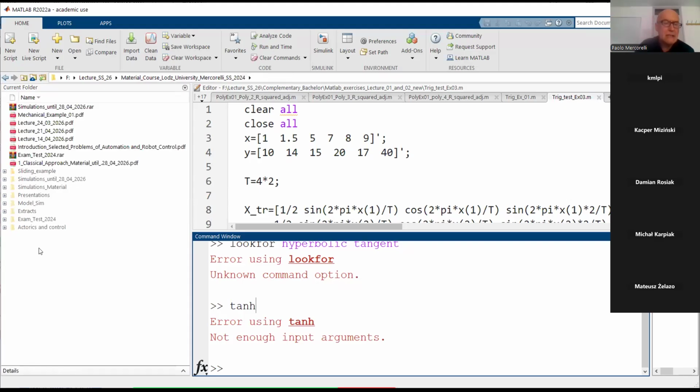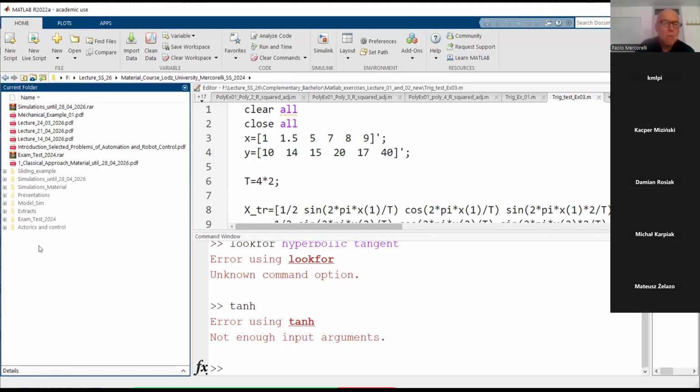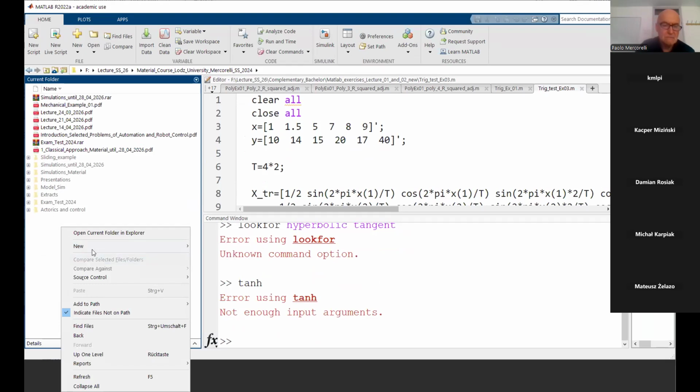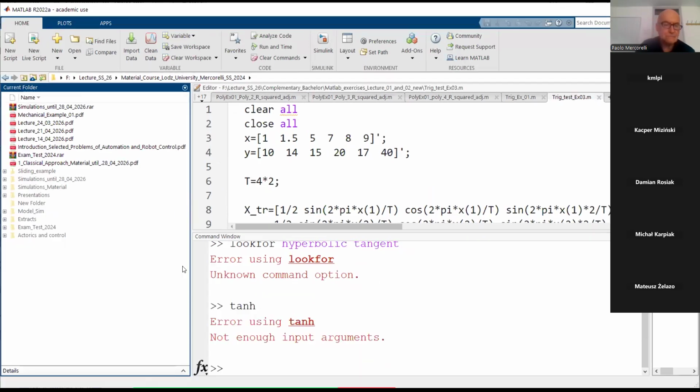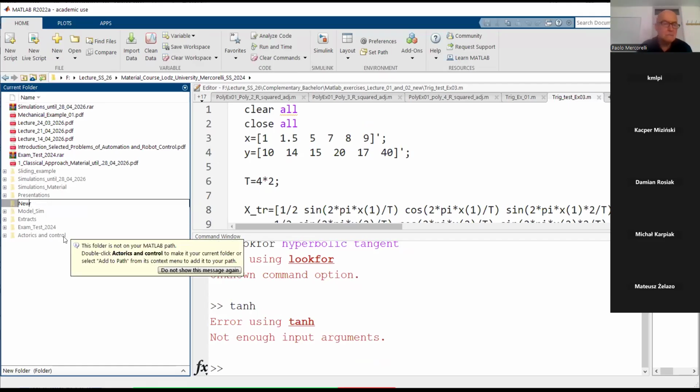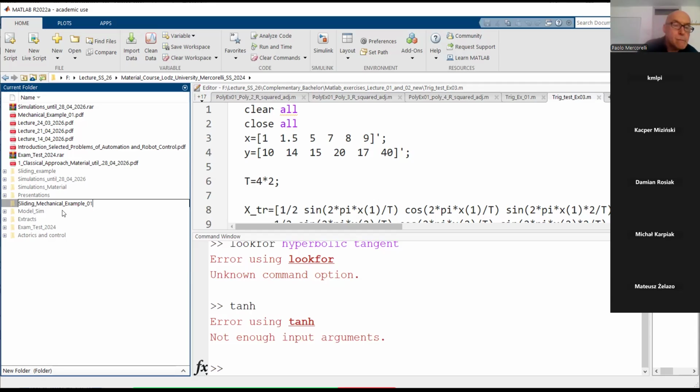Let me generate a folder here. Sliding mechanical example.